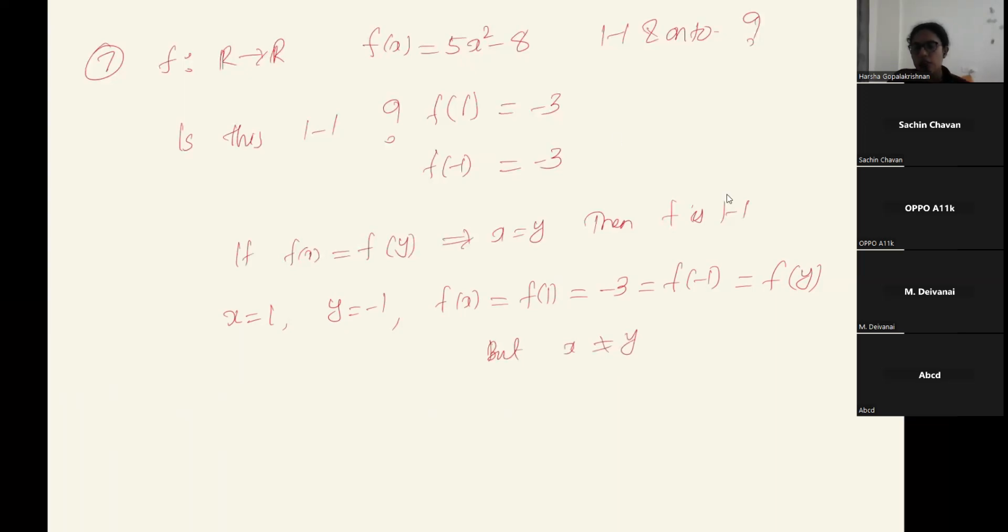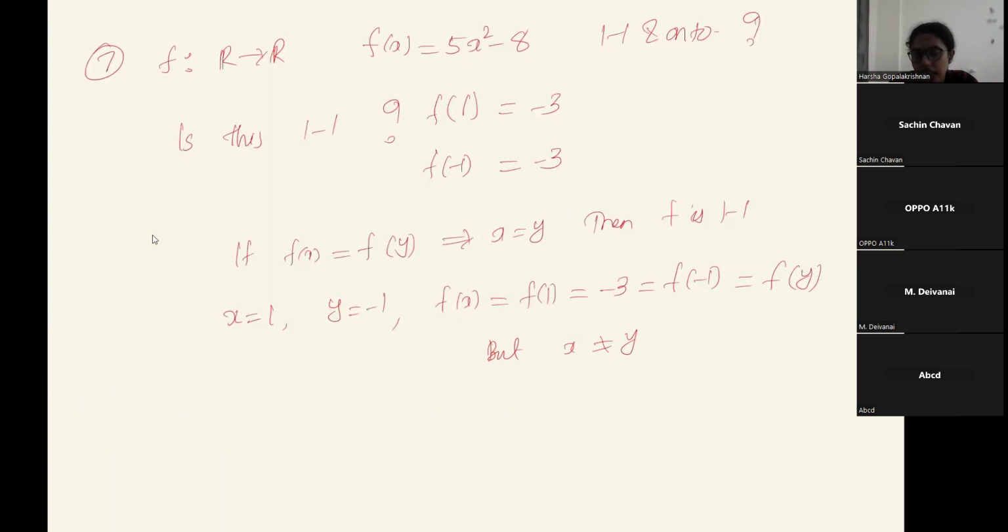Okay. So what it actually says is whenever square terms come, both the positive and negative real numbers, meaning one real number a and its negative counterpart -a, will map to the same point, right? So whenever an x square term comes, this f of x will not be a 1-1 function.